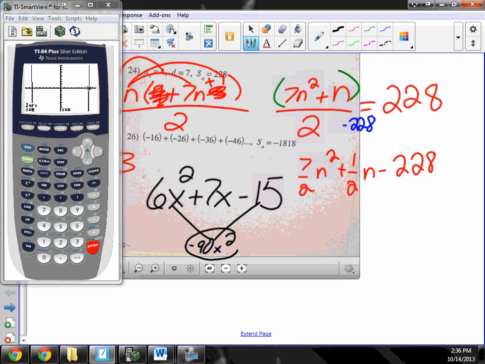And then I look for factors of 90 that add to be 7. My recommendation is just graph it, or use a quadratic formula. You don't want to complete the square. Whenever you have a coefficient in front of the x squared, you don't want to complete the square. It makes things really messy. So you can use a quadratic formula or just graph it.